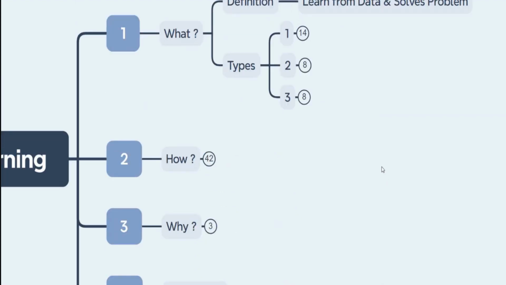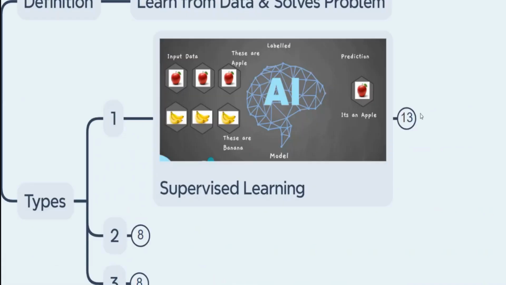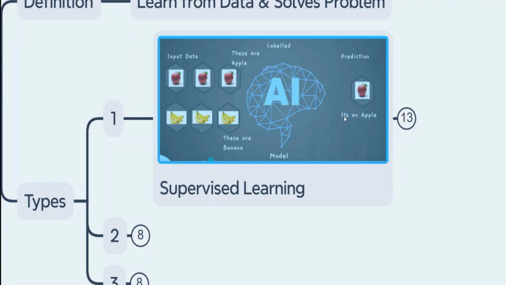And there are three different types of machine learning. These three are the basic types in the machine learning concept. The first type is supervised learning. In supervised learning, we pass the input data along with the label.